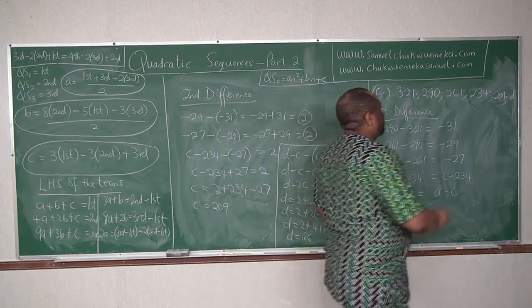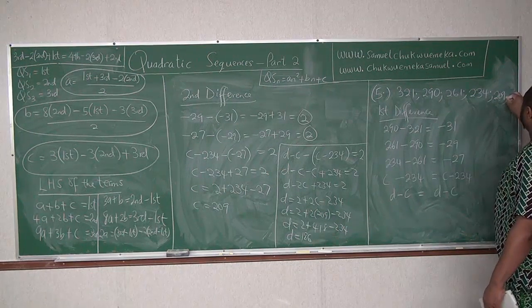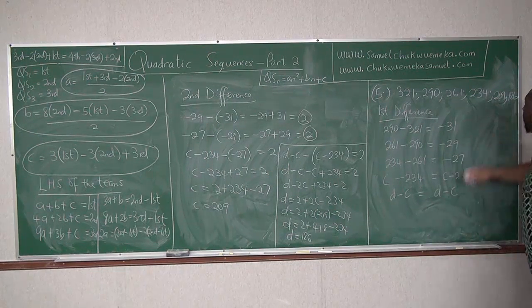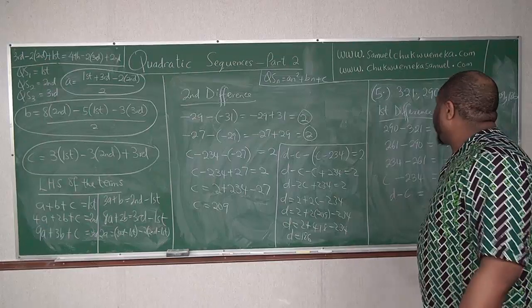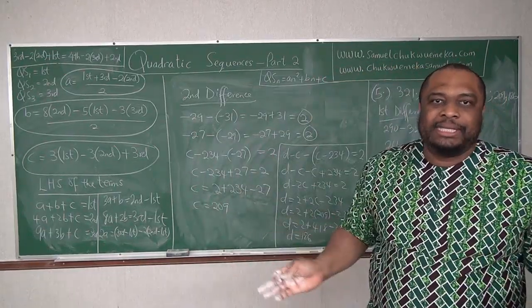So D is 186. We put 186 here. That's it. If you want us to verify the answer, we can after we find the nth term.